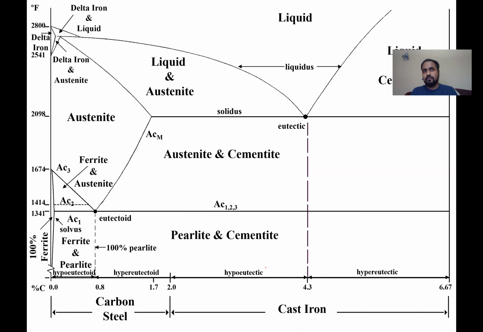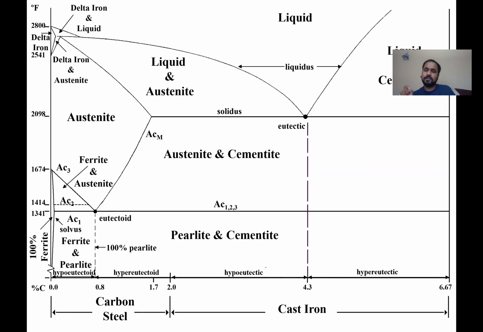Martensite formation does not happen at equilibrium stage. You have to do a really fast quenching or cooling to form martensite. Martensite is not an equilibrium phase. It is something called a metastable phase. It's metastable because if you leave martensite at that temperature for a really long time, like hundreds of years, it will transform to perlite and other phases.